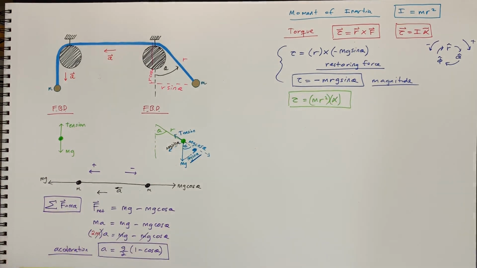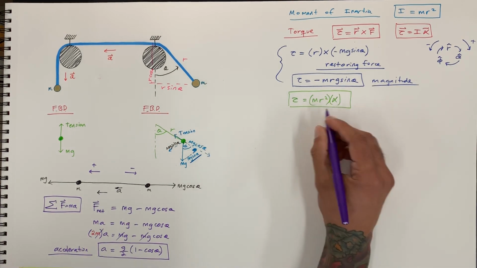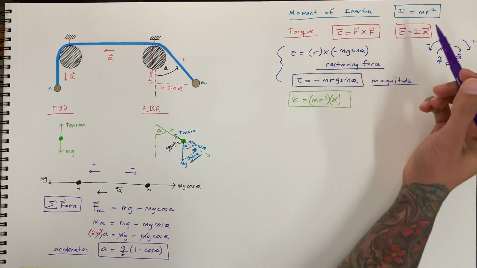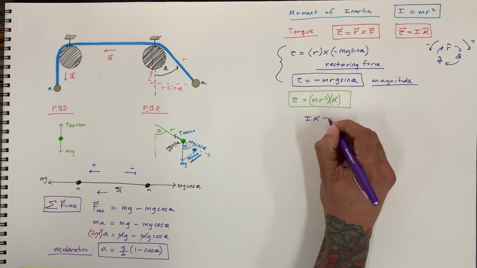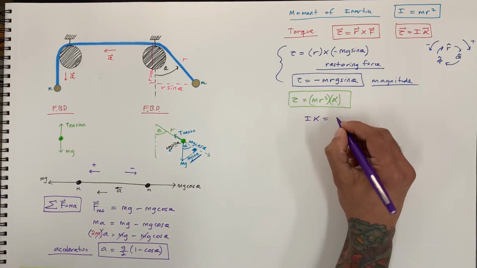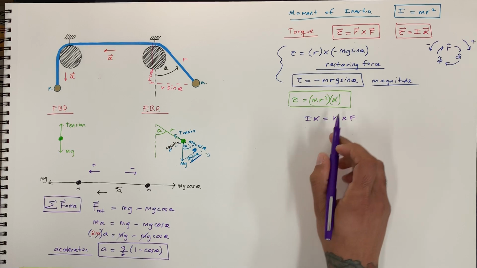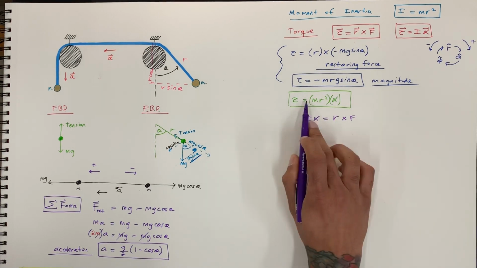Now let's set them equal to each other. Okay, so now we're going to set tau equal to tau, okay? And so I'm going to have I alpha equal to the other side here, which is r crossed f. And what did we get for I alpha?